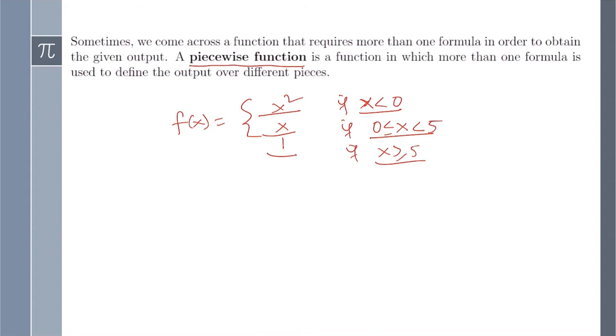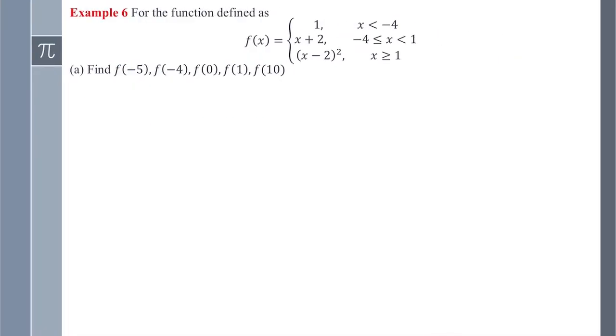We'll look at an example for that. You really need to understand this: what does the piecewise function mean? This domain here is very important. If we draw a number line, the numbers that we have there are -4 and then 1.